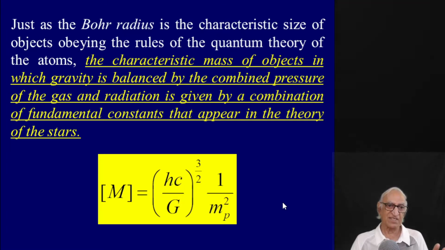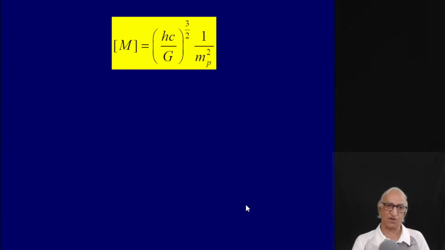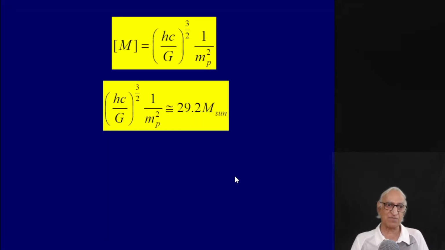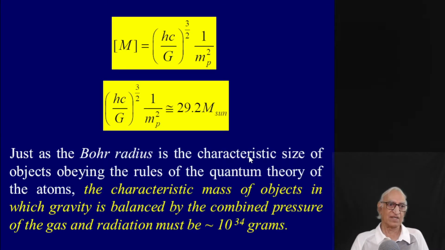So this, like the Bohr radius, is the combination of fundamental constants that appear in Eddington's theory, which is the dimension of mass. Therefore, objects that obey Eddington's theory should have this kind of mass. And what is the numerical value of this mass? 29 times the mass of the sun.